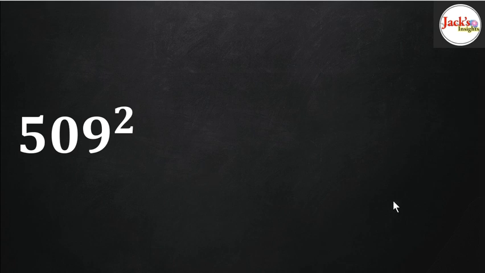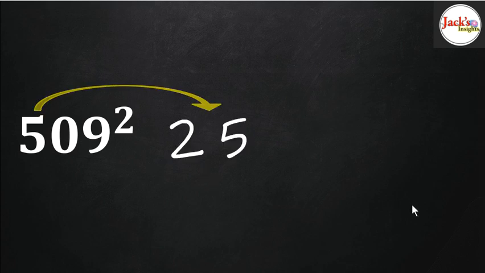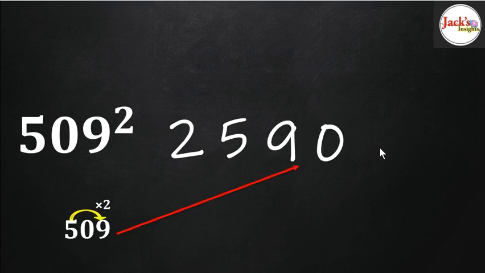So the square of 5 is 25. Now proceed to the product of 5 and 9 times 2. So 5 times 9 is 45 times 2, that is 90. And then the square of 9 is 81. So the square of 509 is 259,081. Okay, so it's easy, right?